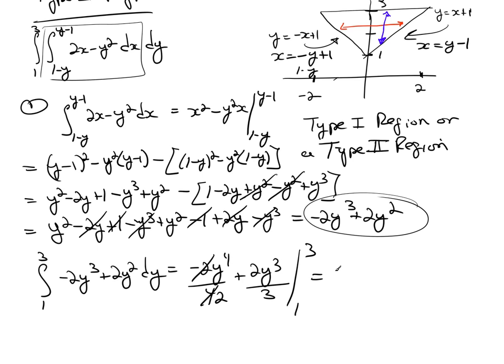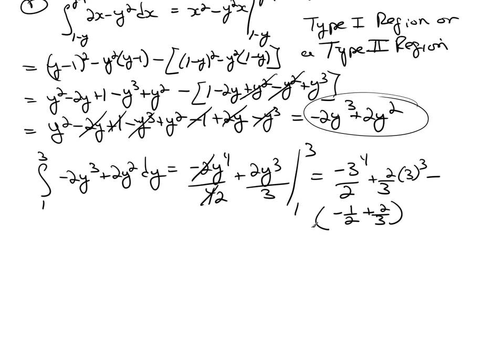So this is negative 3 to the 4th over 2 plus 2/3 times 3 cubed, minus, evaluate at 1, I'll get negative 1/2 plus 2/3. When you do all the arithmetic, you'll get negative 68 over 3.